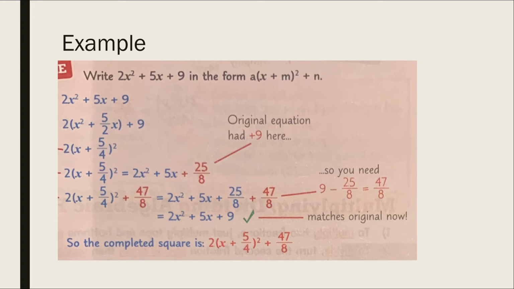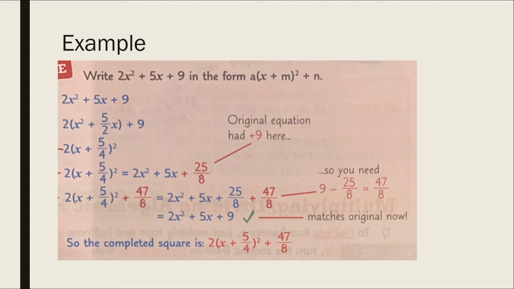And if we multiply that all out, it becomes 2x squared plus 5x plus 25 over 8. So we've got the first two terms correct, the 2x squared plus 5x, but the 25 over 8 is still there. And the original equation had 9.